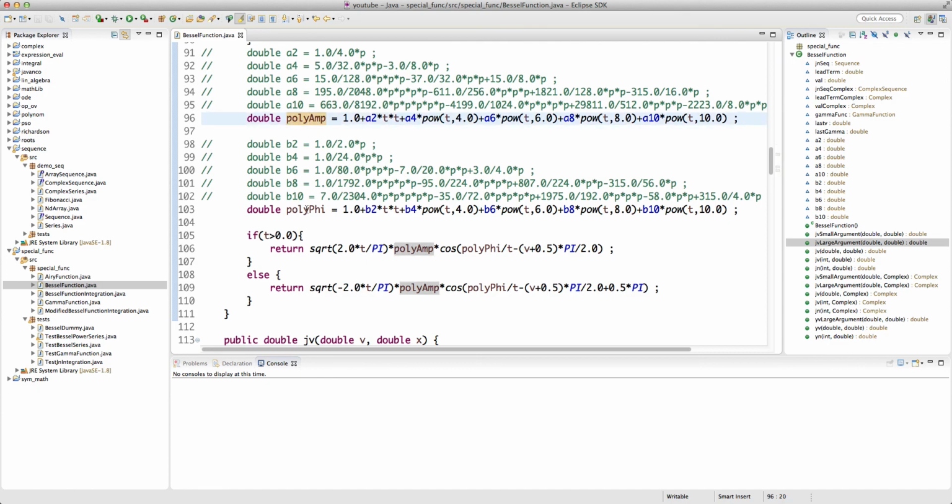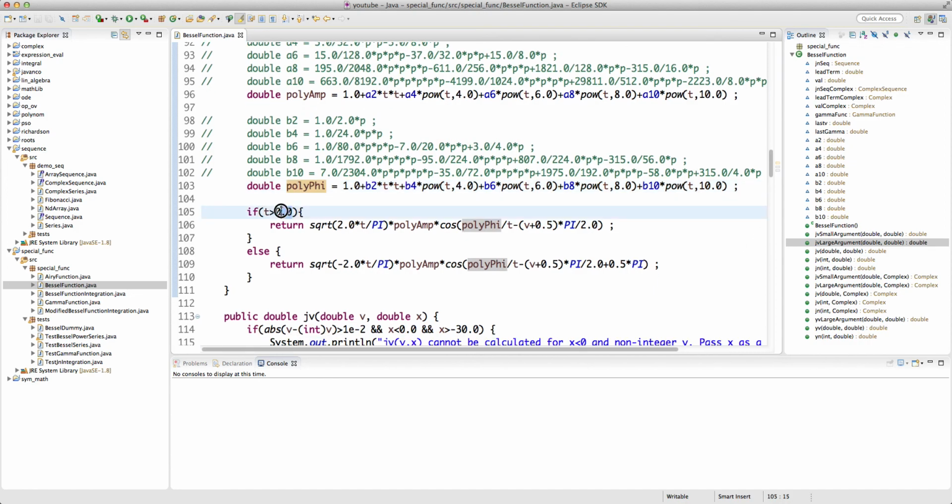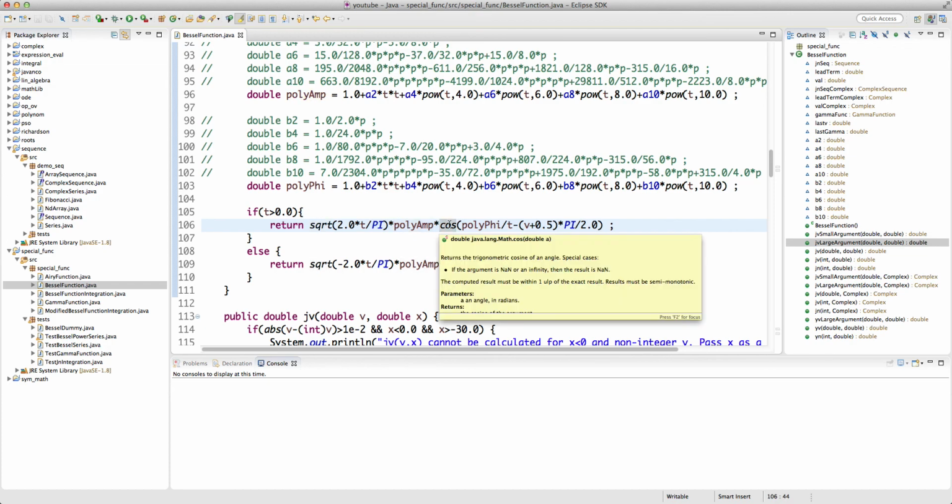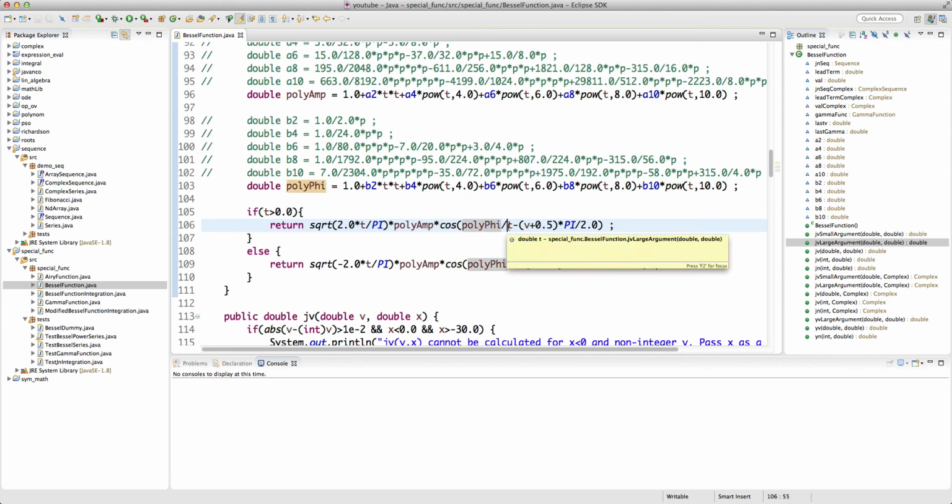So polyamp, polyphi, this is P_A, this is P_phi, 1 plus b2 t squared, b4 t^4, b6 t^6, etc. So if t is real and positive, we just calculate the square root of 2t over pi, this polyamp times cosine, because remember we're calculating the real part. Cosine of the polyphase over t minus nu plus half pi over 2, all right? But if t is negative, we calculate minus t in the square root, so minus t is positive.